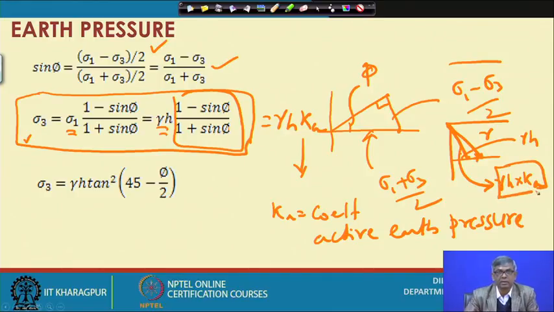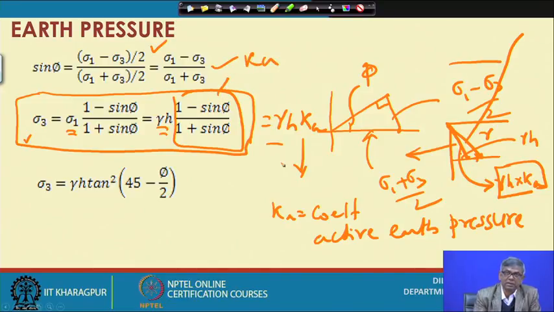If I draw the vertical stress at different points and draw a line, that is the vertical stress diagram, and this is the active earth pressure diagram. So how are vertical stress and active earth pressure related? Just by multiplication with Ka. You can see gamma h into this, and this is nothing but Ka. So gamma h Ka is sigma 3, and this can also be written as Pa, the active earth pressure intensity.